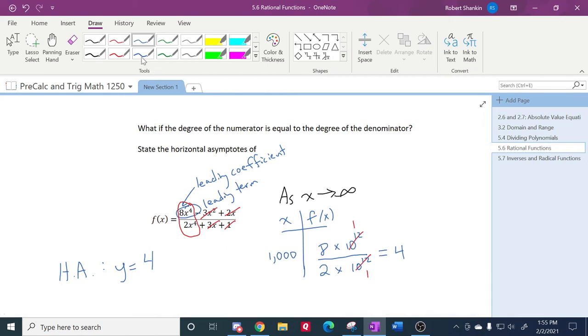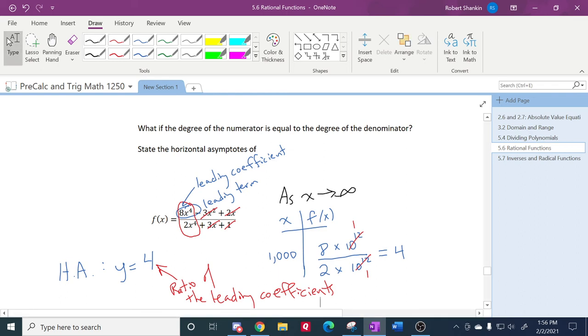And this is what we call the ratio of the leading coefficients. Eight divided by 2, thus it's 4. Horizontal asymptote is y equals 4.